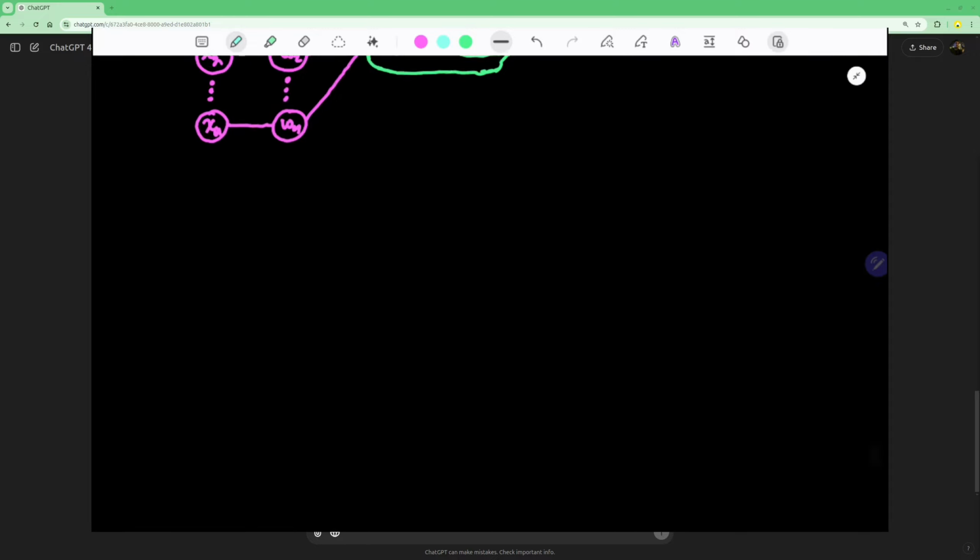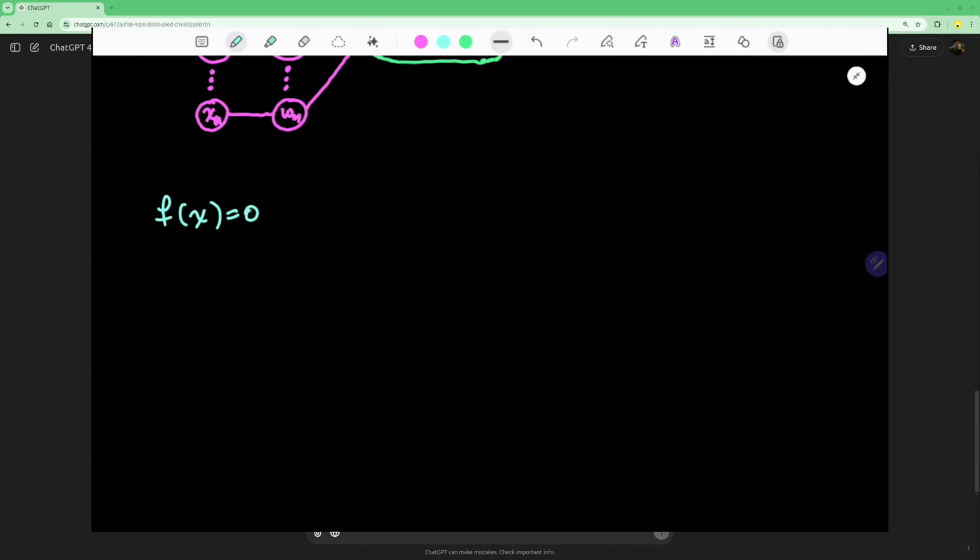The activation function is f of x equals x, and we only have one input value.